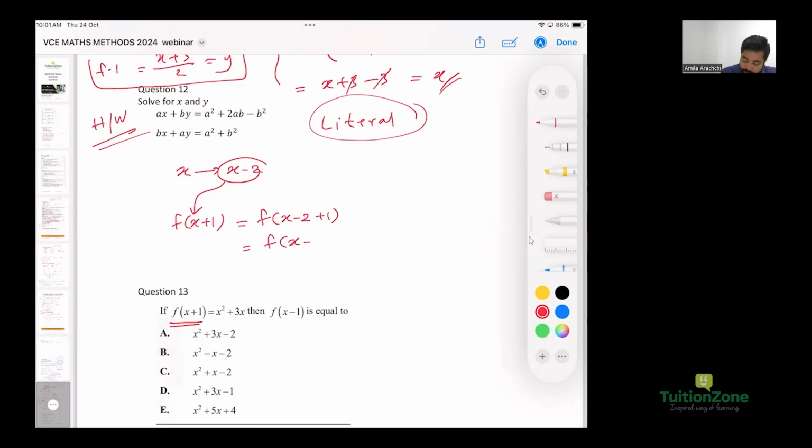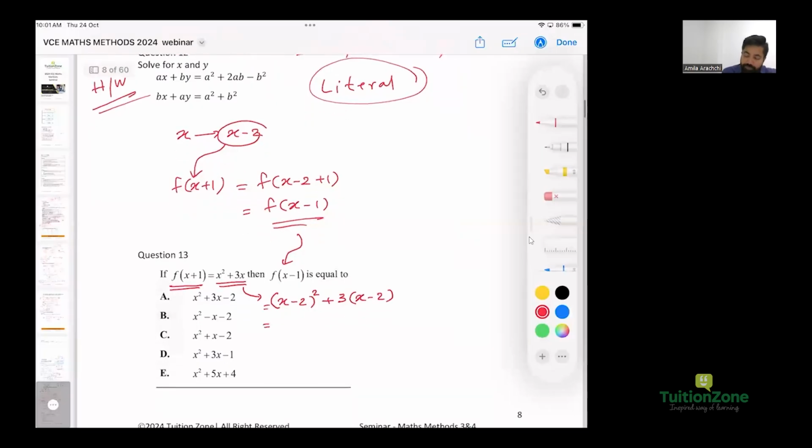F of x minus 1. Is that what you need? Yes, it is. So simply, in the equation given, make your x become x minus 2. In this question, all you have to do is replace your x with x minus 2. So x minus 2 squared plus 3 bracket x minus 2. Once you simplify, you'll get the answer.